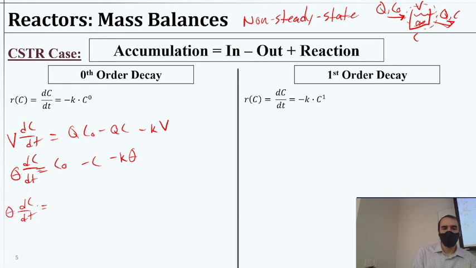Let's do this. Theta dc dt plus C is going to be equal to C naught minus K theta.